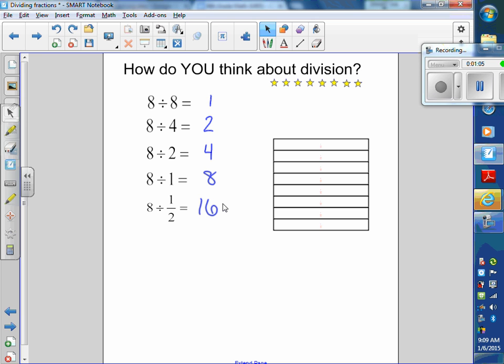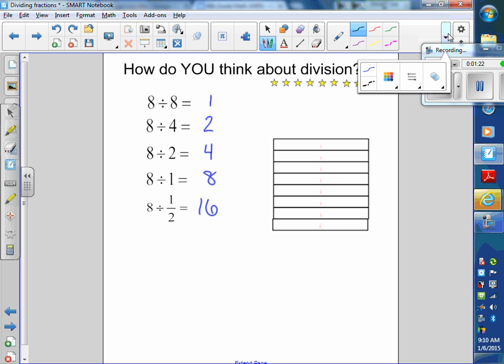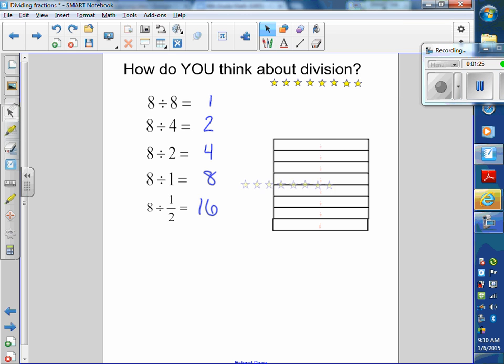If I have 8 pieces, do you see my 8 pieces? Okay. Division means how many of one thing go into another. For example, if I have 8 stars, like this, right? Here are my 8 stars.